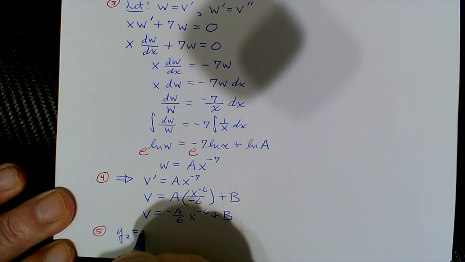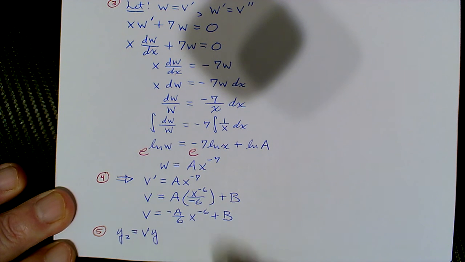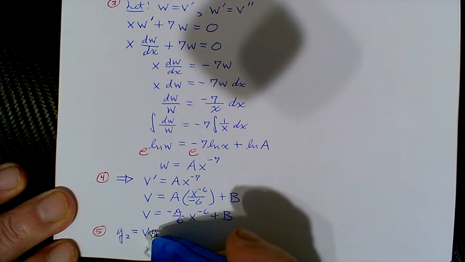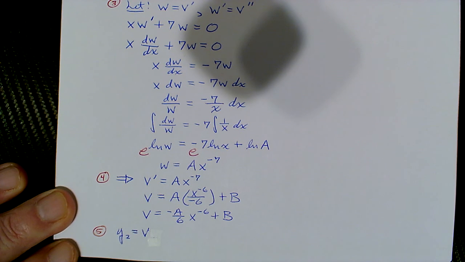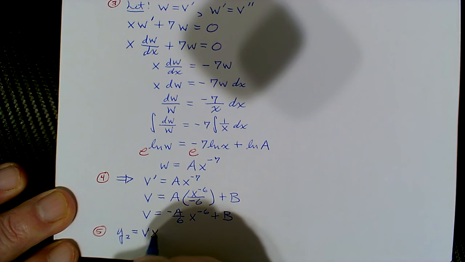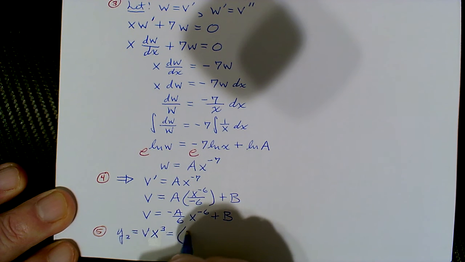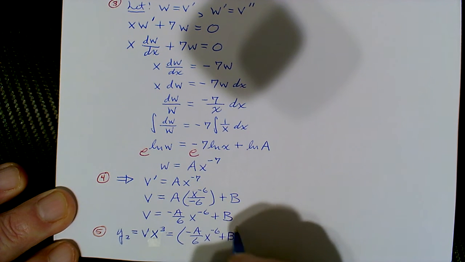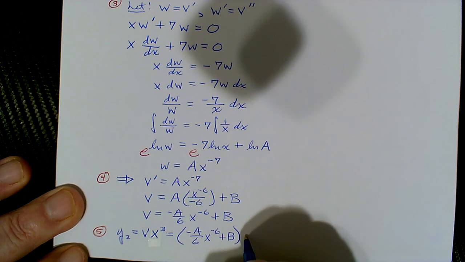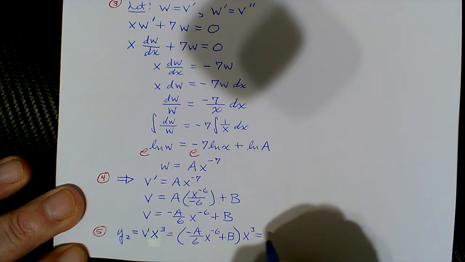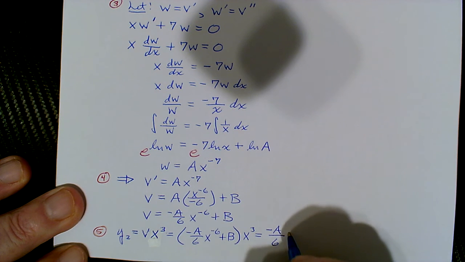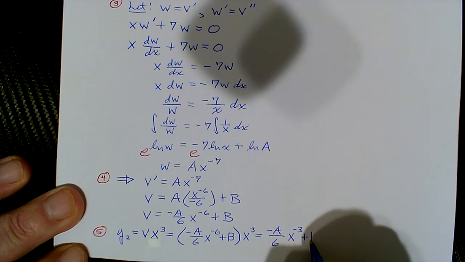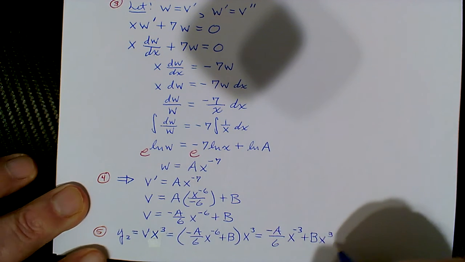And then our final step is the fact that y2 is v y1, or in our case, v x cubed. Then we have the negative a over 6 x to the negative 6th plus b times x cubed, which would give us negative a over 6 x to the negative 3 plus b x cubed.